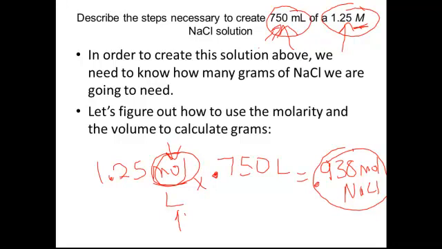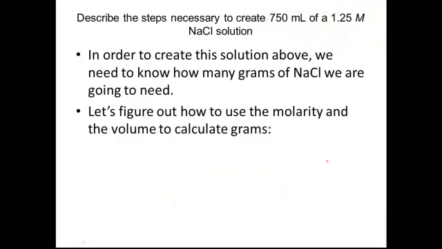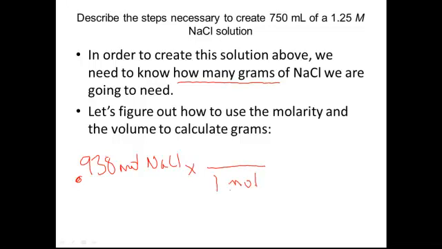So now we're going to take our 0.938 moles of NaCl. Again, we need to know how many grams of NaCl we're going to need. So I'm taking my 0.938 moles of NaCl and going to the periodic table. I know I need to cancel moles, so I'm going to put 1 mole on the bottom and the molar mass of sodium chloride on the top.